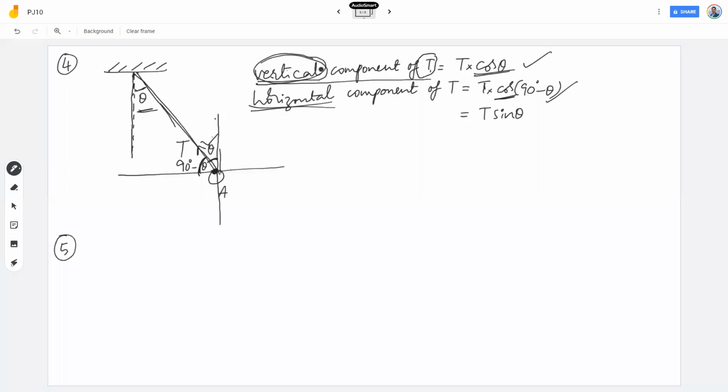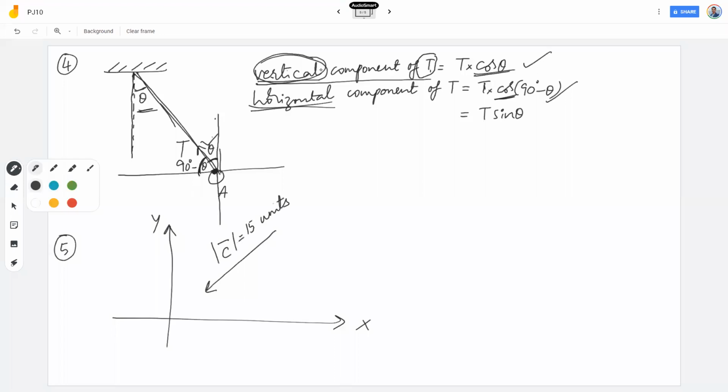Now we look at the directions of these resultant resolution components. This is y and this is x. Let us say a vector is directed this way as shown. This vector is c bar. Magnitude of c bar is 15 units.